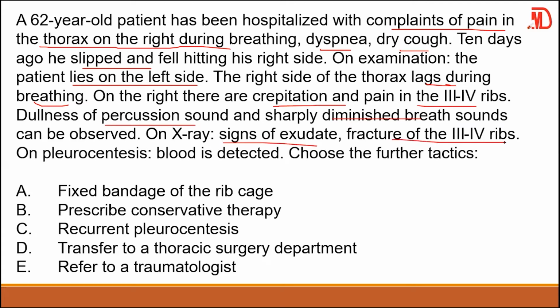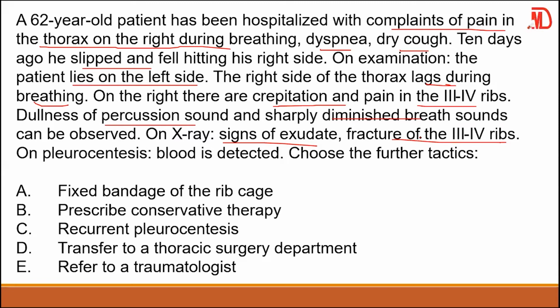There's fracture. Now, if you can remember, we talked about this when we were discussing thoracotomy and those kinds of things. So over here, you would demand a surgical procedure. Why? Because fractures are now involved.